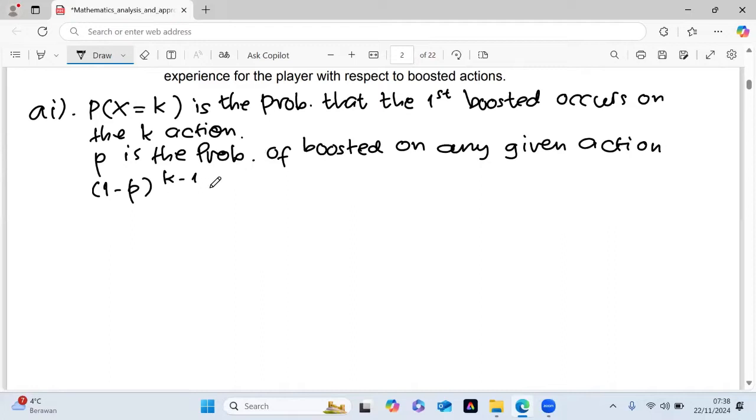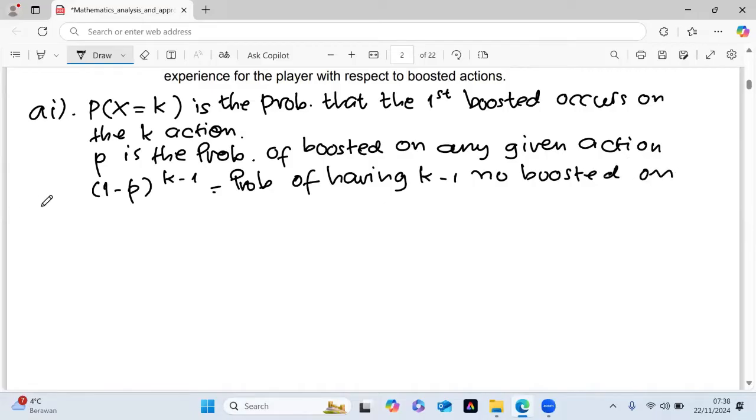It is the probability of having k minus 1 no boosted on the k action.